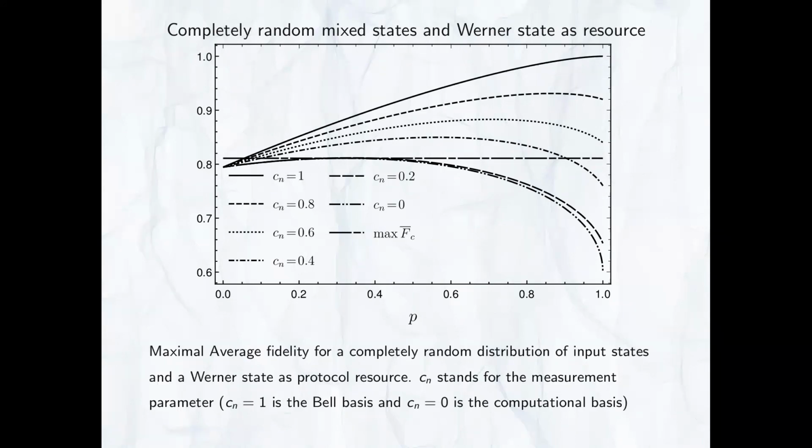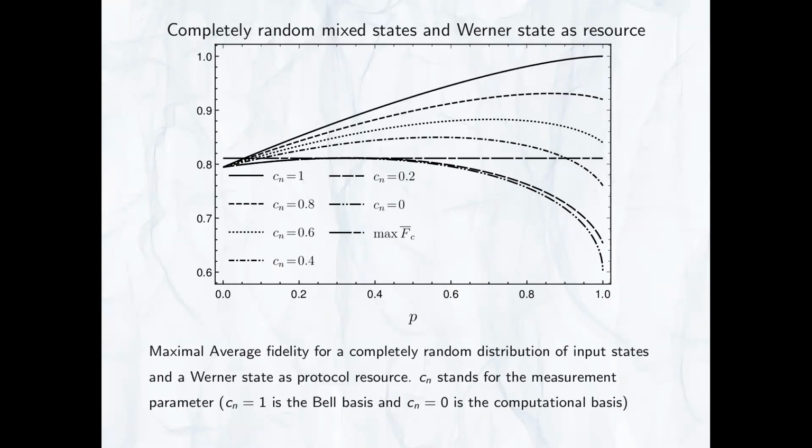Here we have the Bell basis, and this axis corresponds to the correlation of your resource. Then, if you take measurements with lower quantum entanglement, your score is also lower.